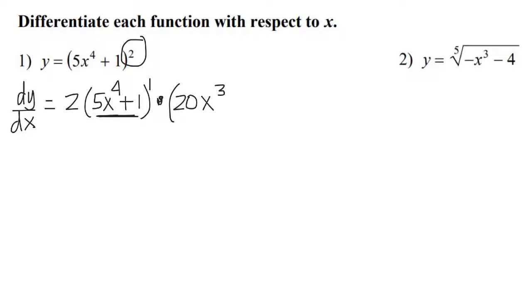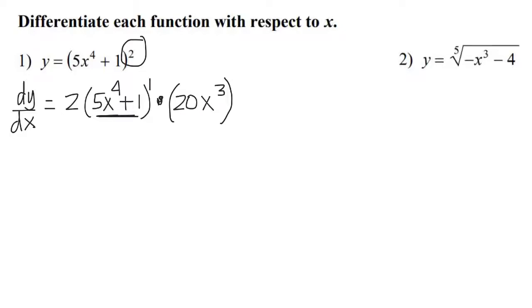And then plus 1, but what's the derivative of 1? 0. So all of that plus 0 is just 20x to the 3rd. Don't do anything else to it. Don't multiply anything. Leave it unsimplified. Leave it unsimplified. Okay? Any questions about it?